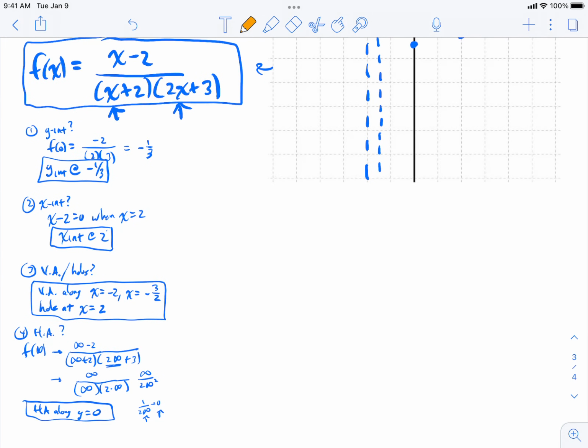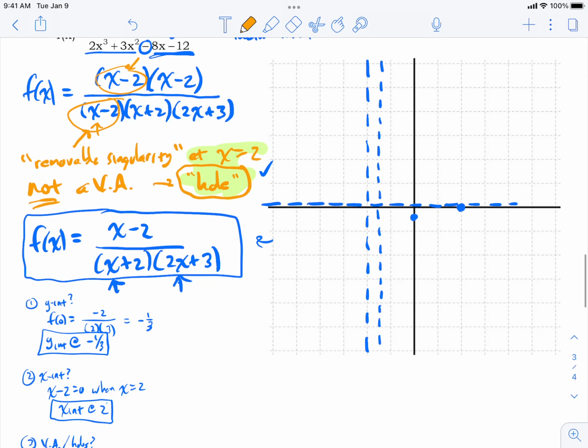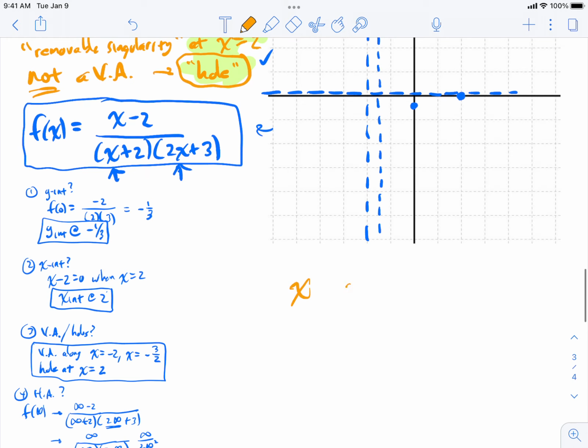So anyway, what I was trying to figure out is what's going on over here, on the left side. So I need to plug in a value of x that's on the left side. Maybe I'll just plug in -4.